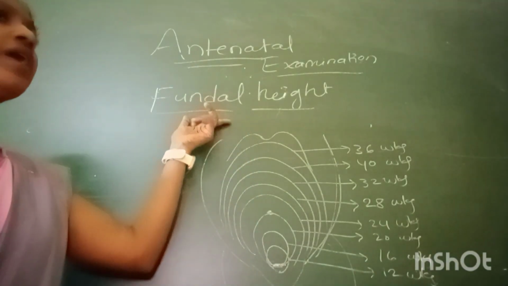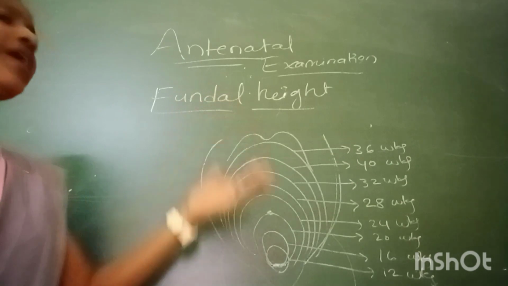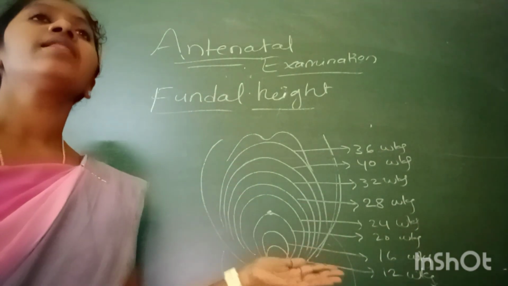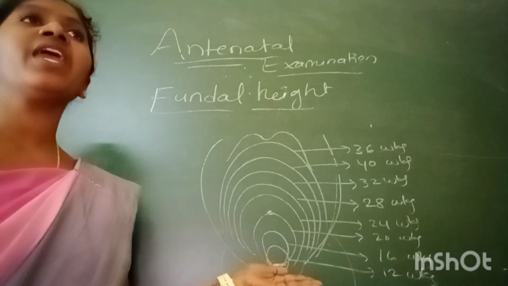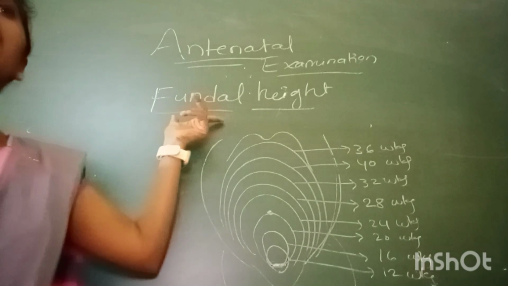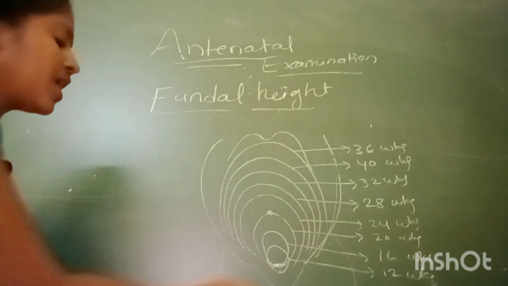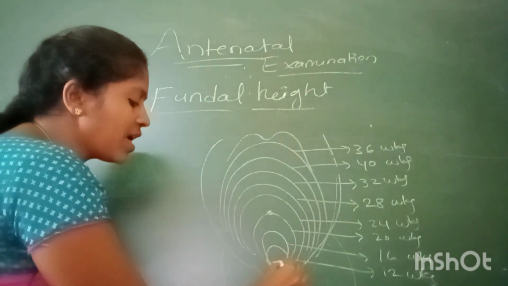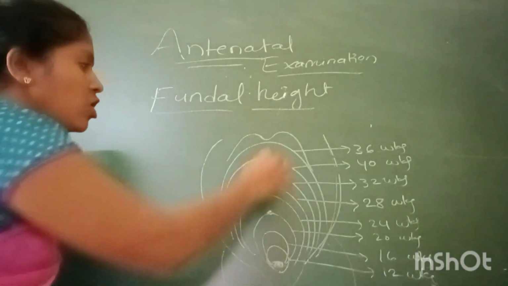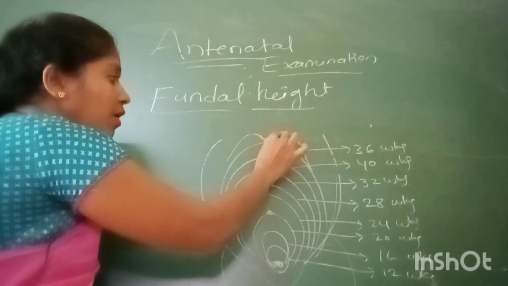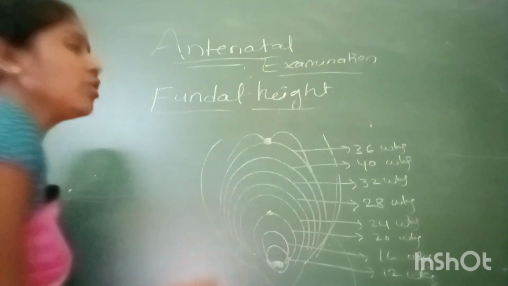Next one is fundal height. According to the gestational age, the fundal height will be increasing. We check the fundal height from the top of the symphysis pubis to the xiphisternum, or to the height of the uterus fundus.